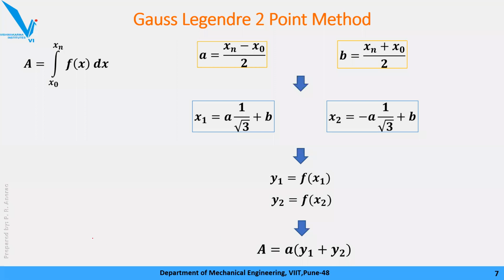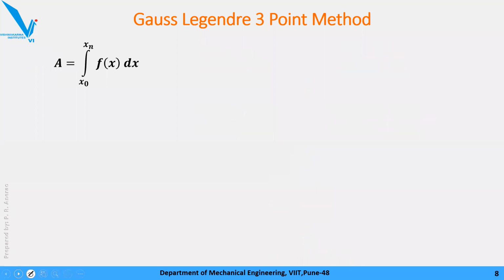So next slide, I have skipped the derivation for Gauss-Legendre's 3-point method because we have already seen the 2-point. The equation we have used was a0 plus a1x plus a2x squared plus a3x cube.